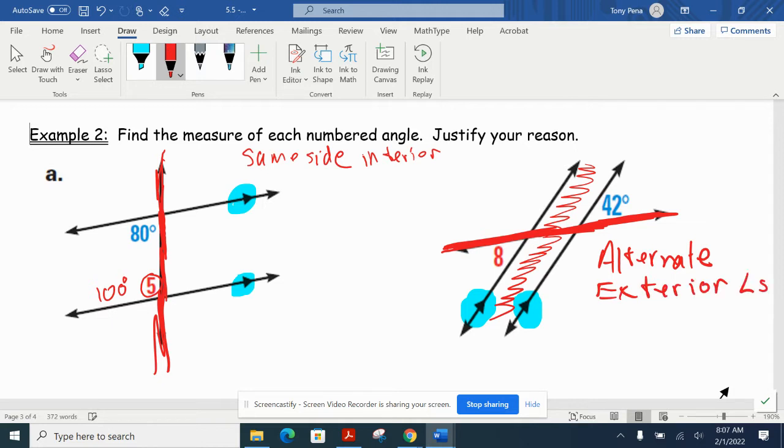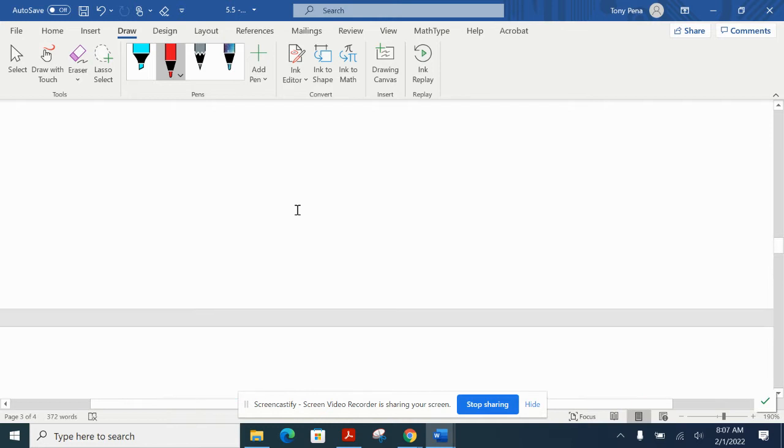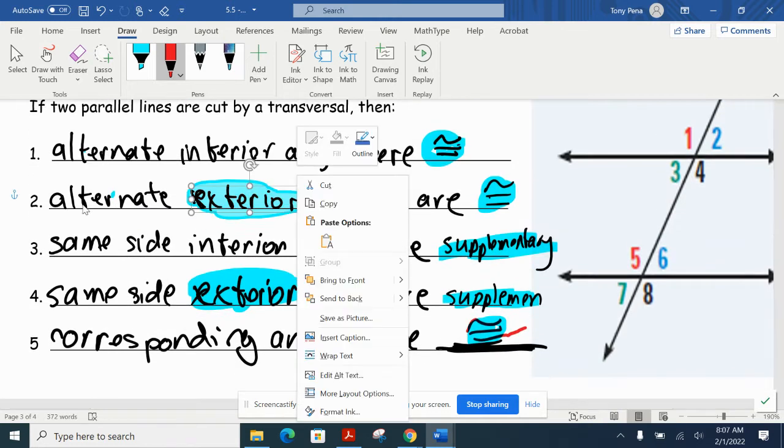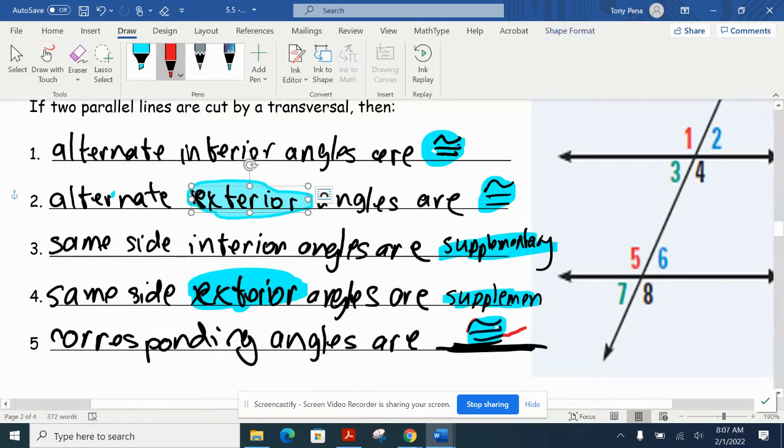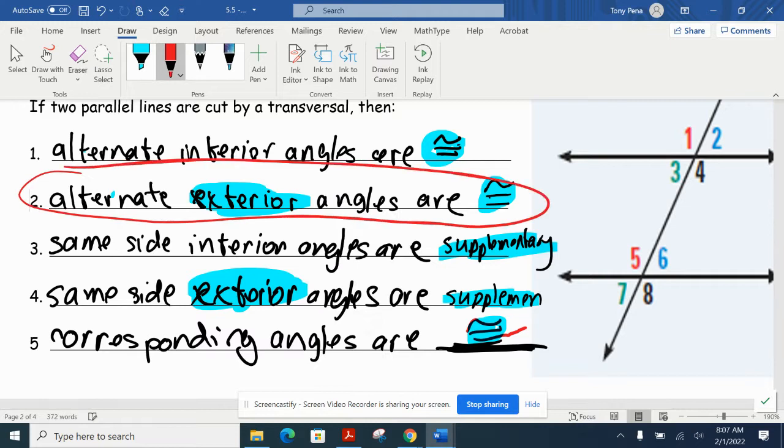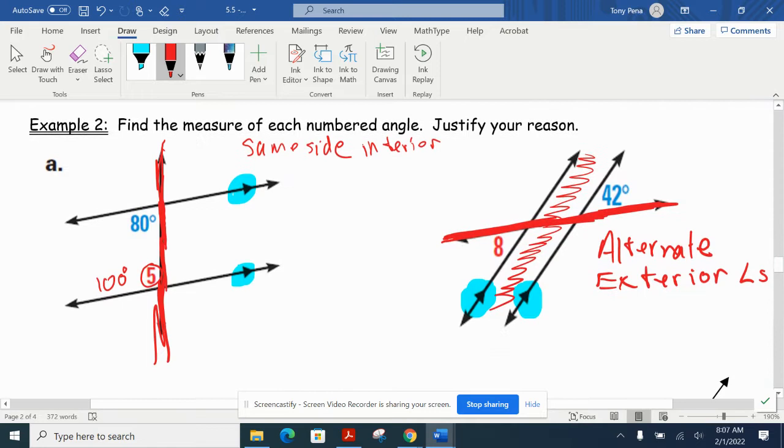That's what we would call them. If we then revisit our properties, alternate exterior angles, this is number 2, are congruent to each other. So if I know one of them is 42, that means the other one is 42. So the measure of angle 8 would have to be a 42-degree angle.